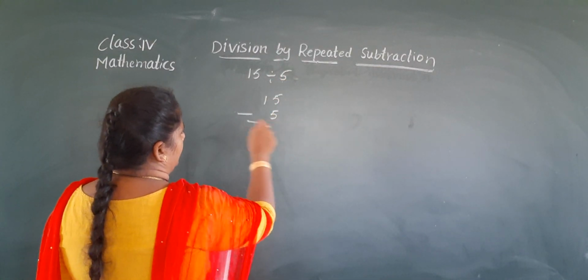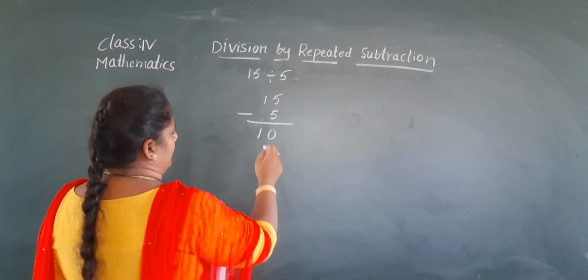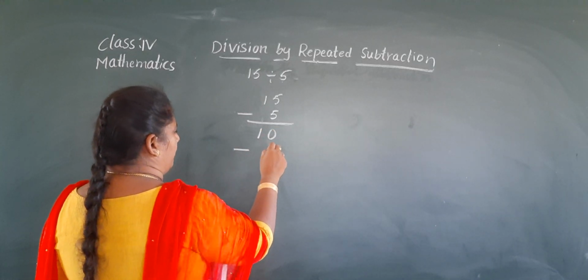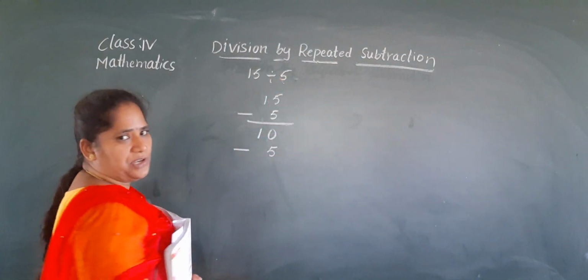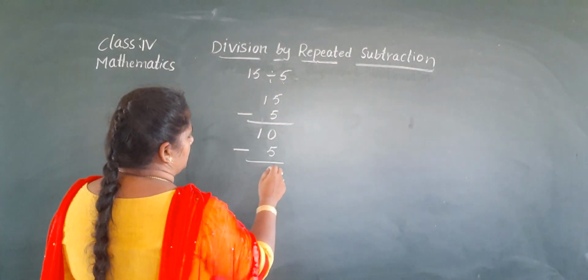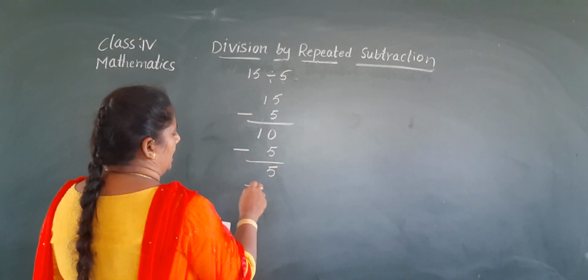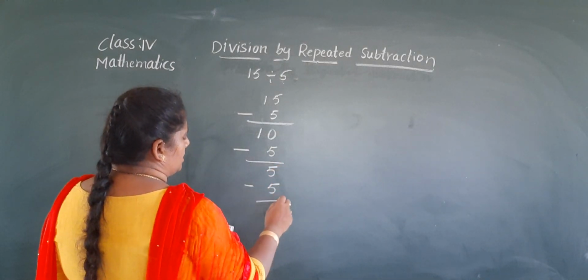So 15 minus 5 equal to 10. Again you subtract 5 till we get 0. We have to subtract this divisor. 10 minus 5 is 5. Again 5 minus 5 is 0.